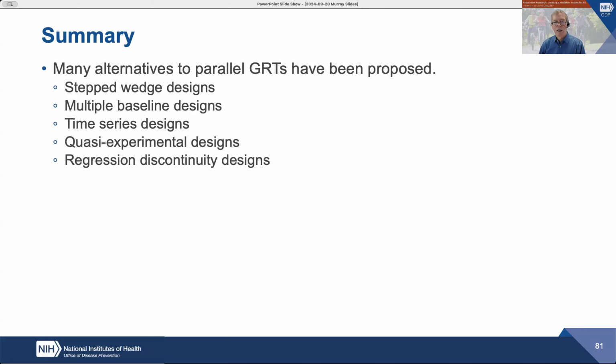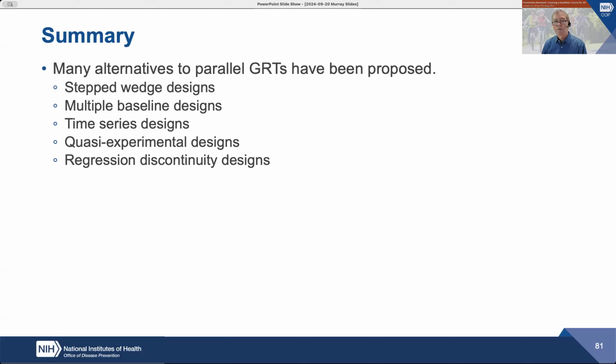Quasi-experimental designs, if you can't randomize, a quasi-experiment can be used. If you do it well, it's going to be virtually as large and expensive and complicated as a parallel group randomized trial. And if you're assigning groups and observing members of those groups, the analytic methods and sample size methods are going to be the same as for a parallel group randomized trial. So no real advantage. Regression discontinuity designs, I'm in favor.